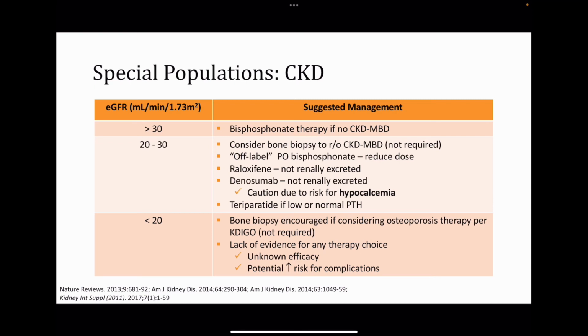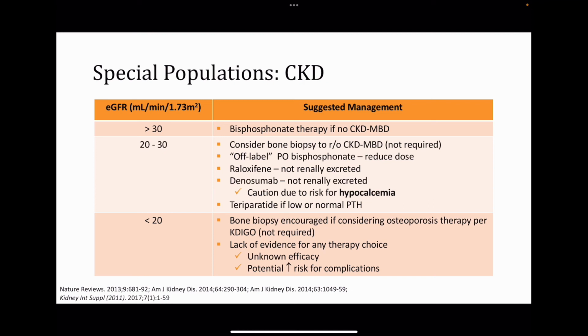Now, when we get to 20 to 30, we might want to consider doing a bone biopsy to rule out that the osteoporosis is from the CKD. So we don't have an exact dose to use, but if we're using PO bisphosphonates, we'd want to reduce that dose. The exact dose isn't important. Just be familiar with that.